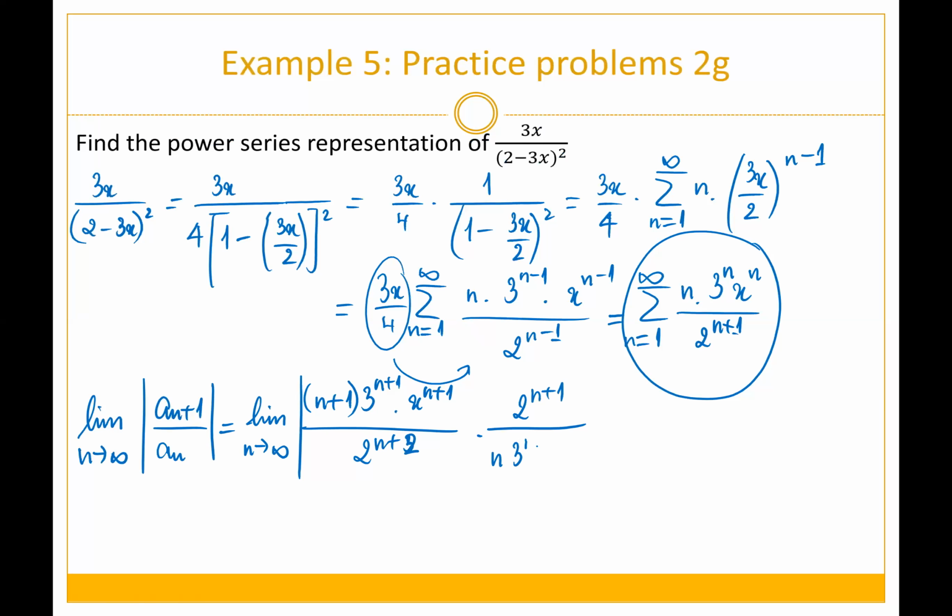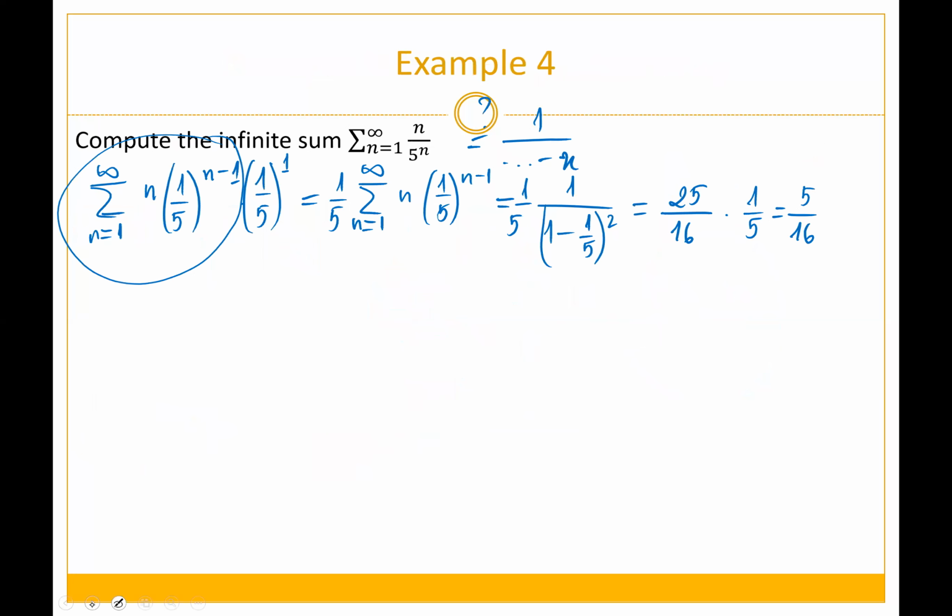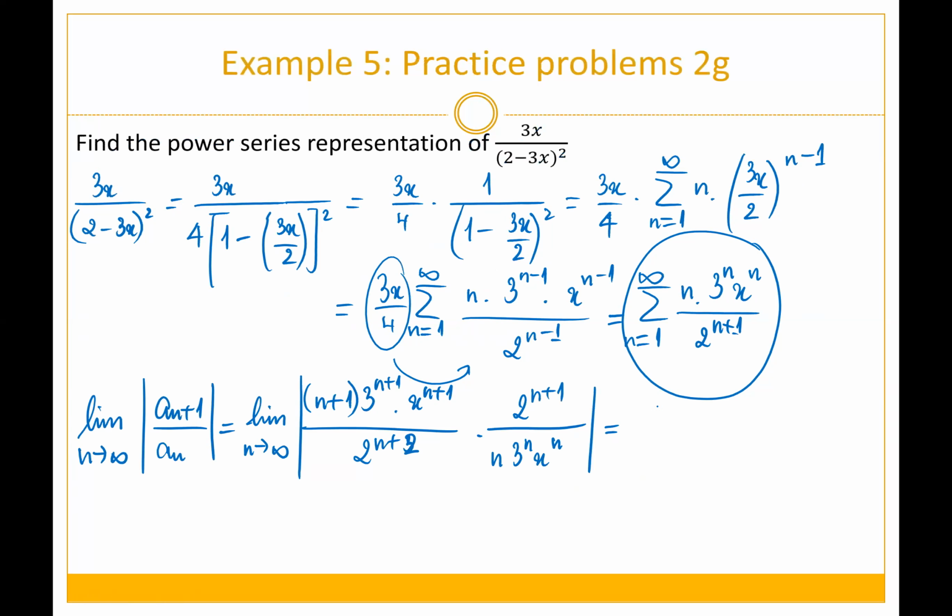Now as n goes to infinity, n plus 1 over n is just going to be 1. And then you have 3 times the absolute value of x over 2. Therefore, you get this smaller than 1, so the radius of convergence is 2/3.